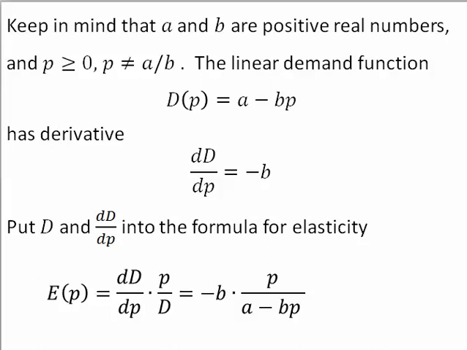I could, if I wanted to, do that same trick of multiplying the top and the bottom by negative 1. I'm not going to bother in this case. So what we have here is the elasticity function for the linear demand function A minus BP, where A and B are both positive numbers and P is the price.